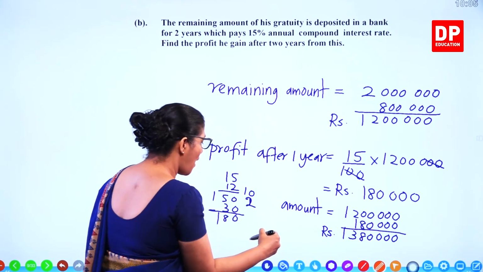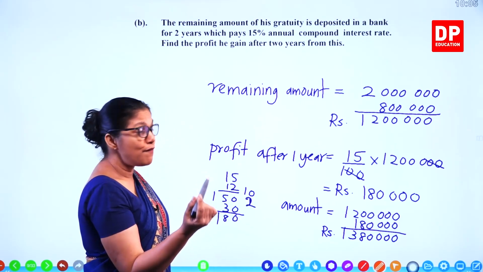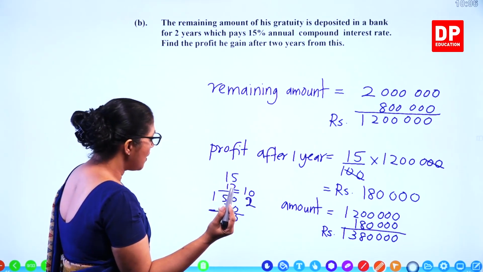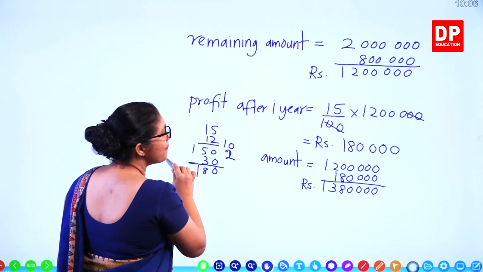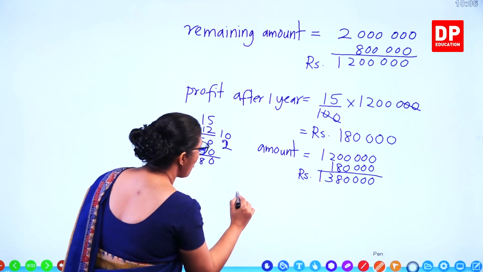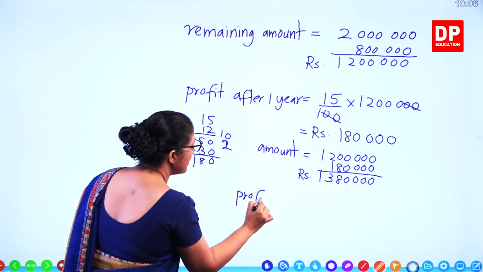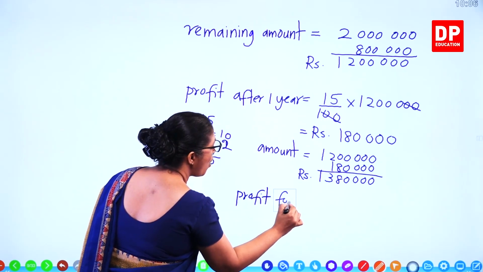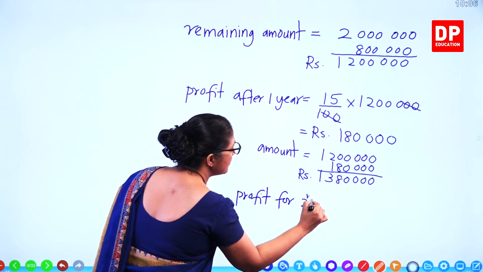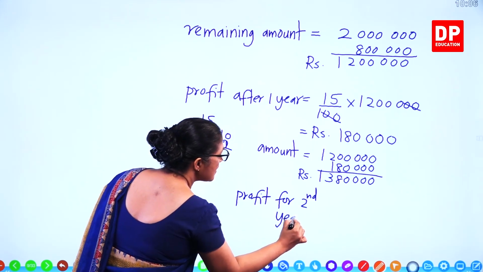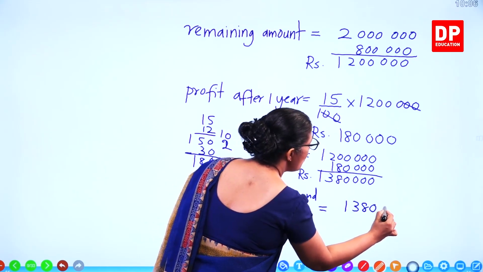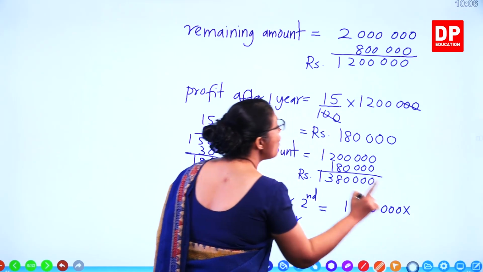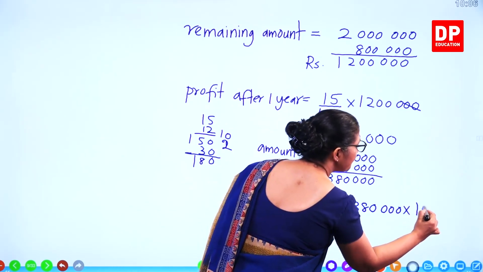Now again we have to calculate the profit, 15% annual compound interest rate. So here profit for the second year is equal to 1,380,000 into 15% again.